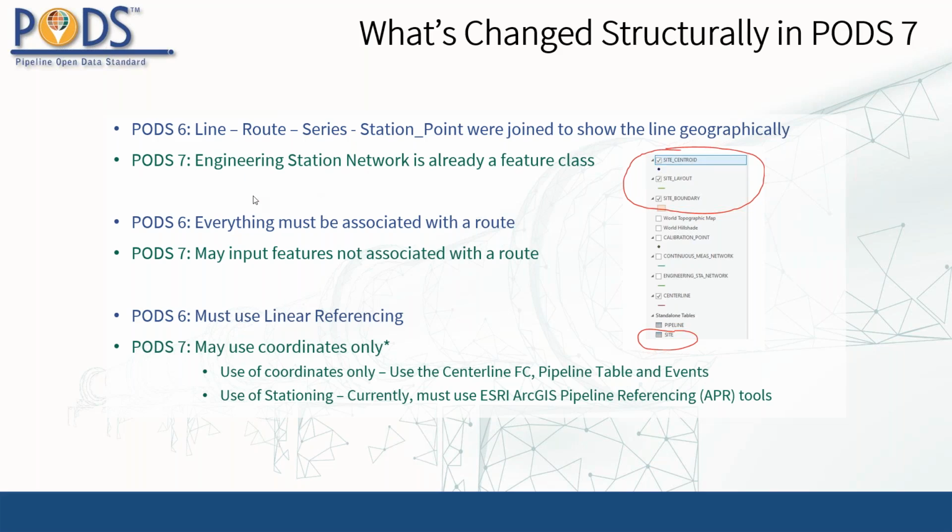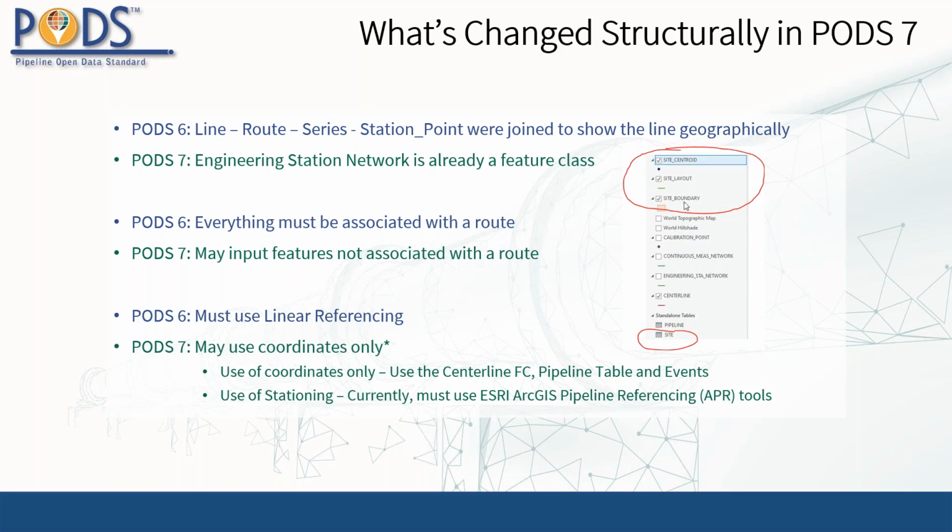The other big change is that in PODS 6, everything must be associated with a route, right? Everything that you put in your database had to have a route ID or had to be connected to the route somehow. In PODS 7, you don't have to associate everything with a route.